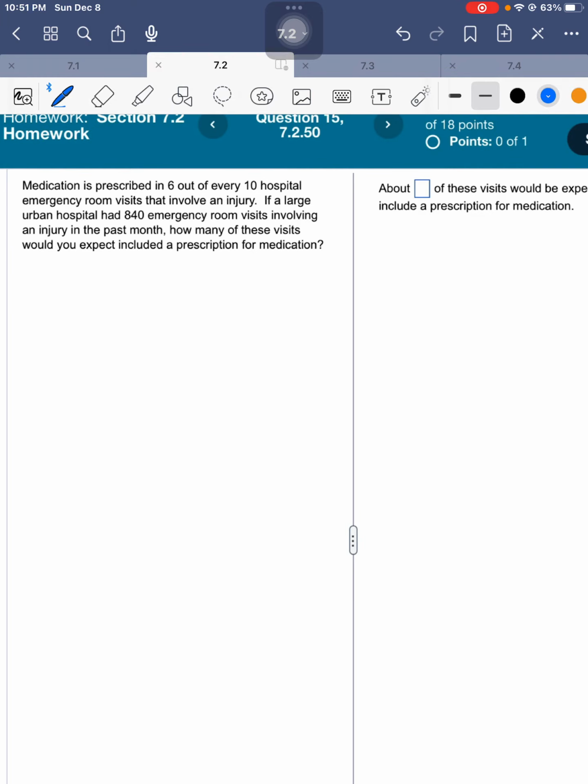So let's take a look at this next one. Medication is prescribed in 6 out of every 10 hospital emergency rooms, okay? So 6 meds, I guess, for 10 hospitals. It doesn't really matter what the units are as long as you write something so you can compare when you write your next fraction.